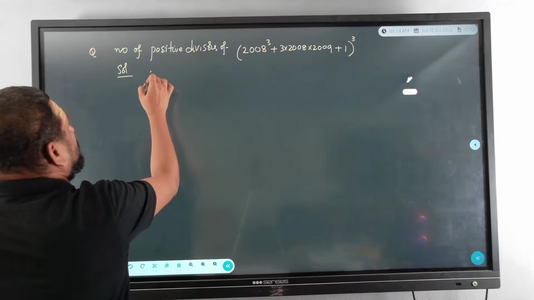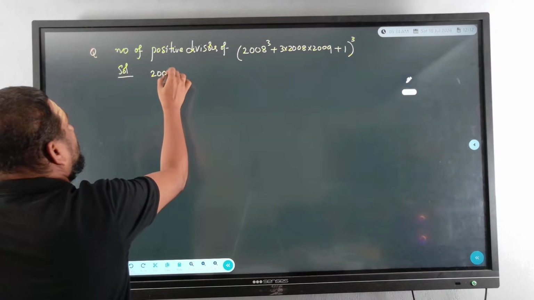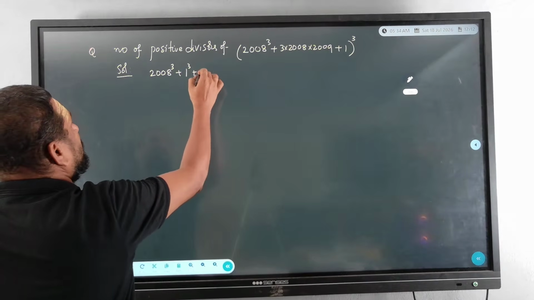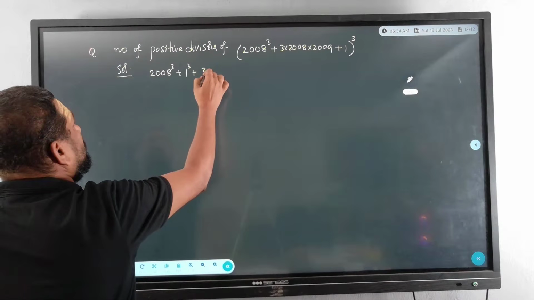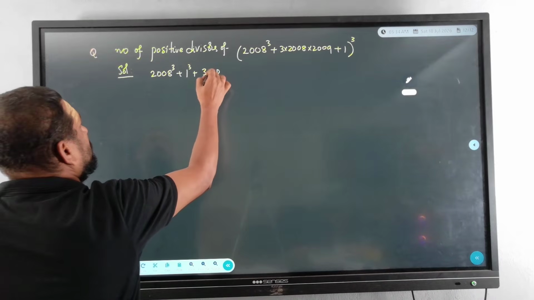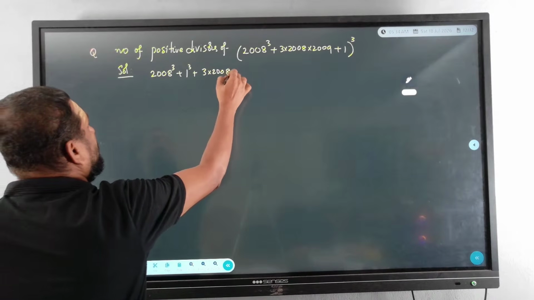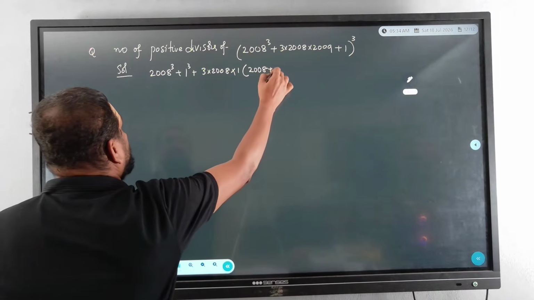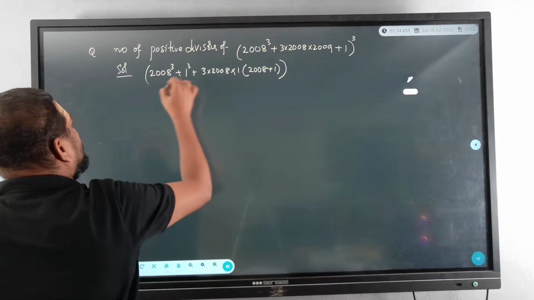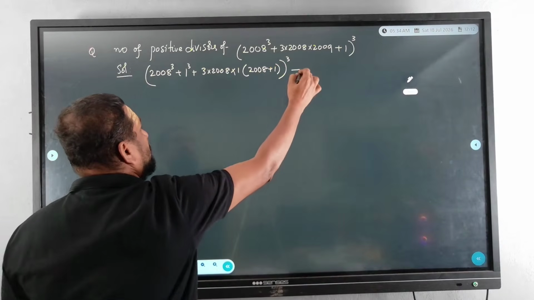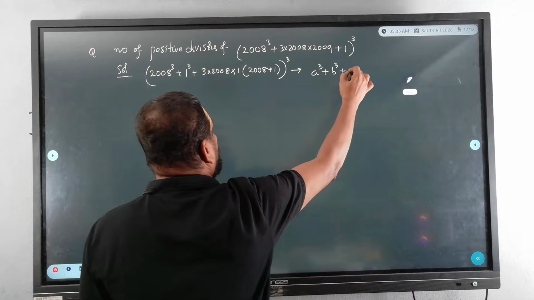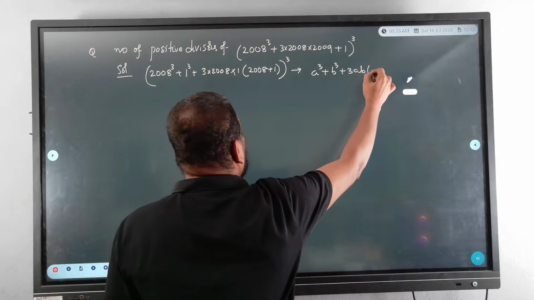So 2008 whole cube plus 1 cube plus 3 into 2008 into 1 into 2008 plus 1 is of the form a cube plus b cube plus 3ab times a plus b.